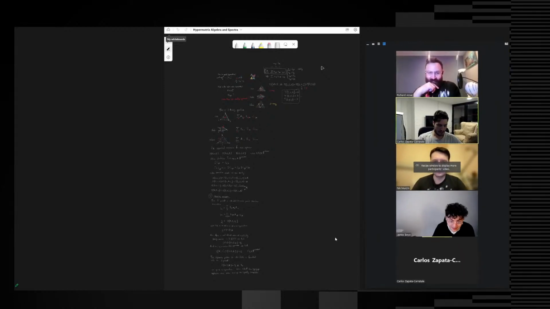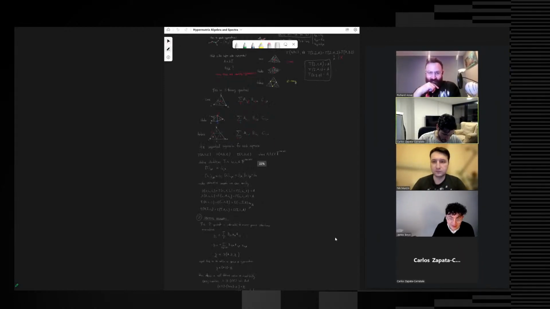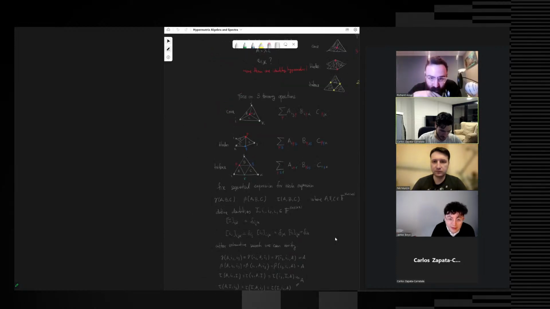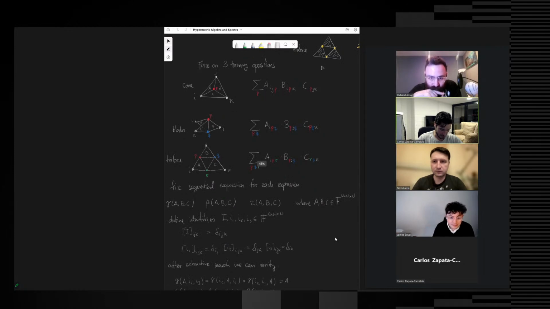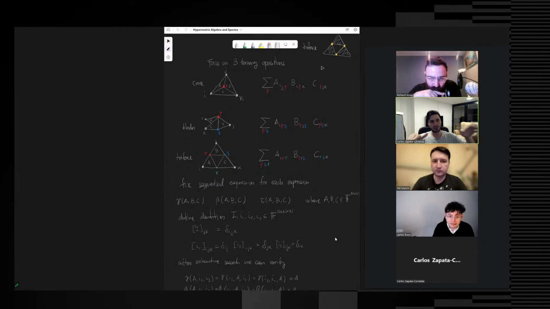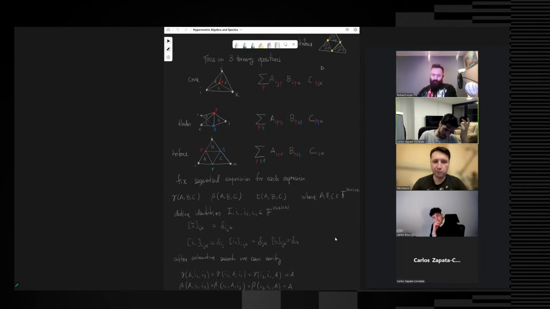Okay. So basically, I'm going to quickly get to the roadblock, but these are two blocks that I found, two abstractions that I found. Last time we agreed that we were going to look at these particular operations on hypermatrices: the cone, the blades, and the three-fourths, because they're particularly symmetric and they generalize matrix multiplication.